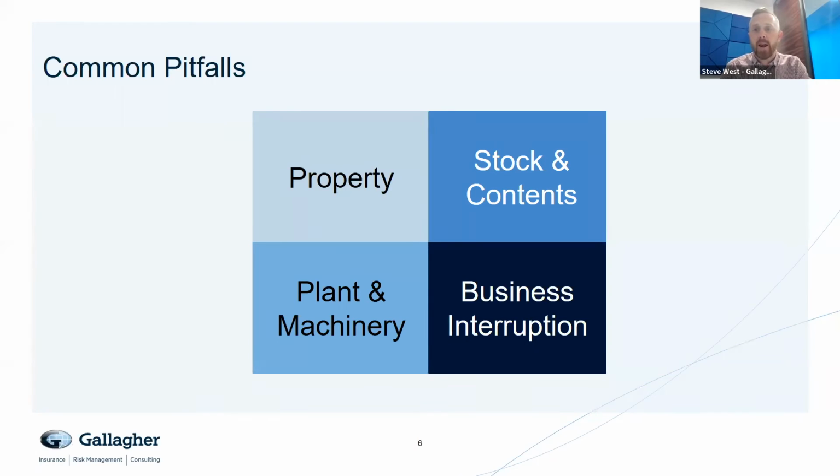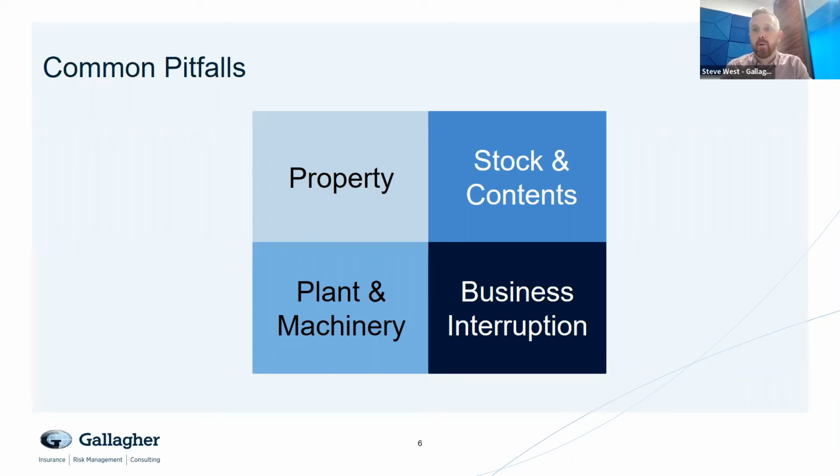We've also seen, over the last 18, 24 months, a lot of our manufacturing clients have increased their stock holdings due to ongoing supply chain issues. But again, that's not necessarily been declared or discussed with the broker.